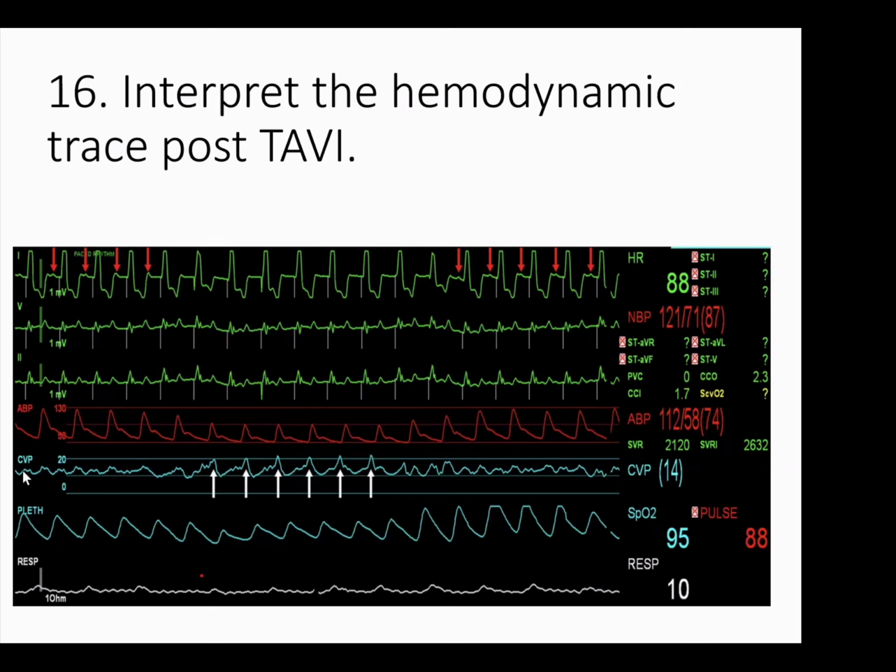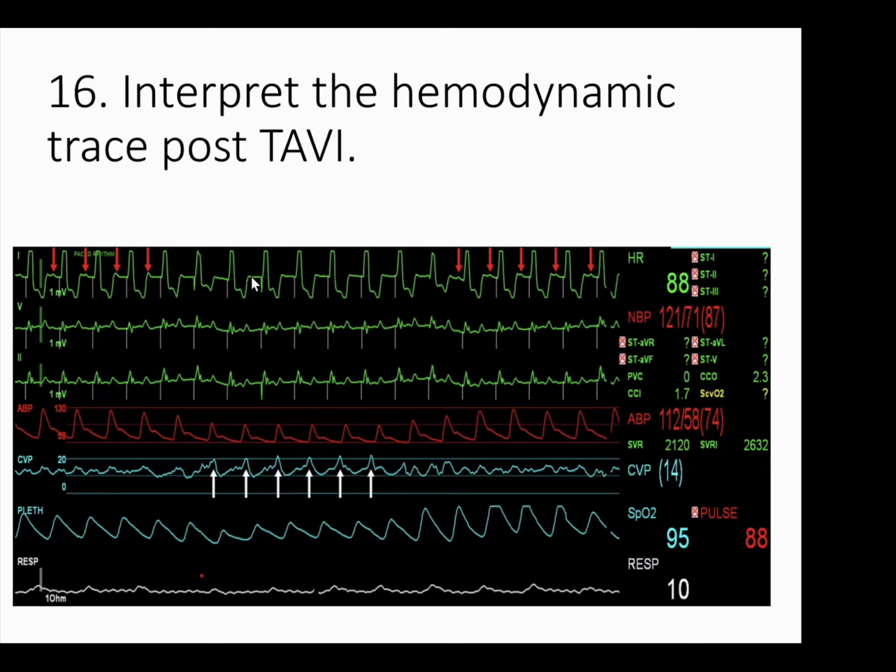In the CVP trace or the RA pressure trace, you can see some prominent waves in this phase where the arterial pressure is going down. So what is happening? Here you can see a P wave followed by QRS, P wave followed by QRS, P wave followed by QRS, P wave followed by QRS.